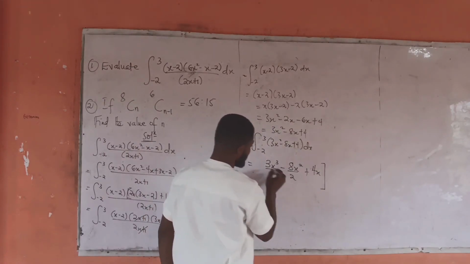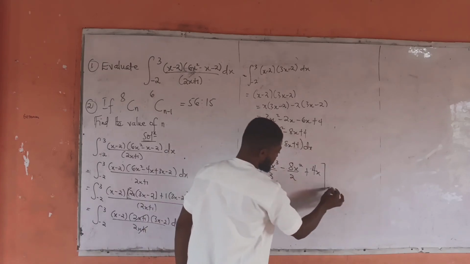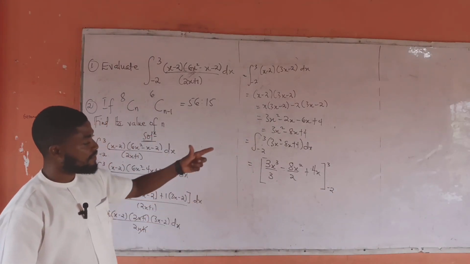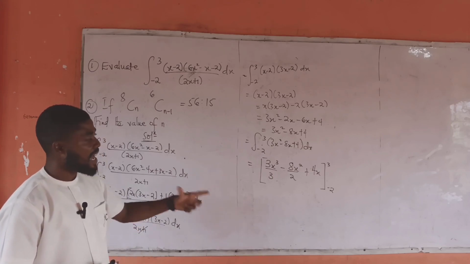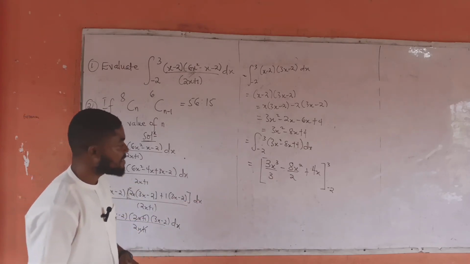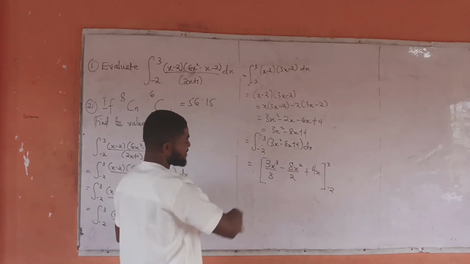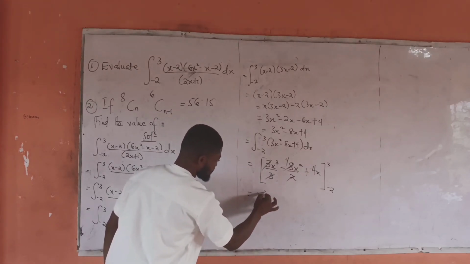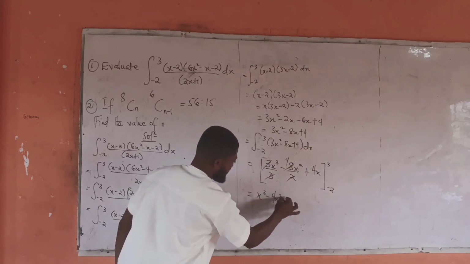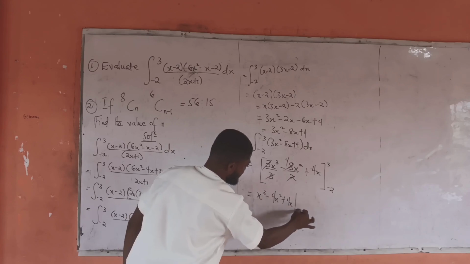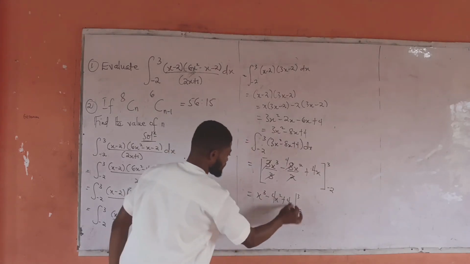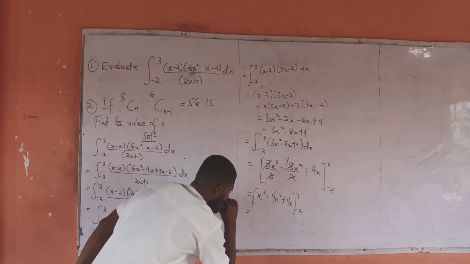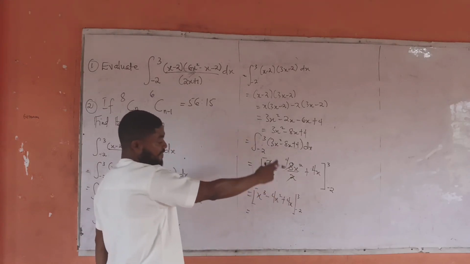Put in my limit of integration from negative 2 up to positive 3. So I do the positive 3 substitution. When I'm done, I now subtract the lower limit substitution. Now this can be further simplified. So I have this now. In place of x, I put 3 for the upper limit.